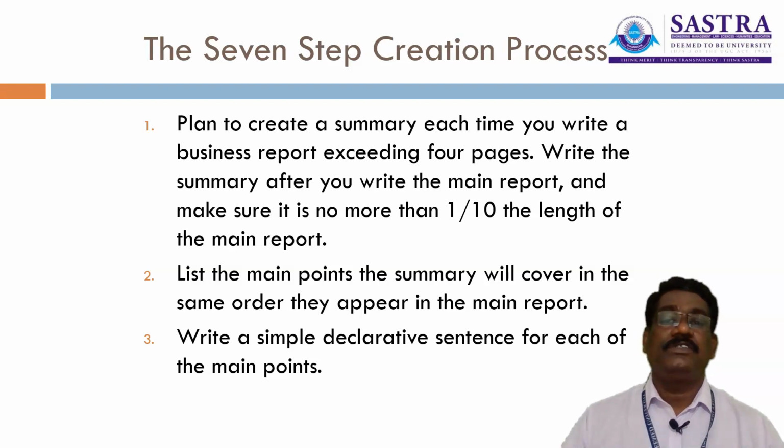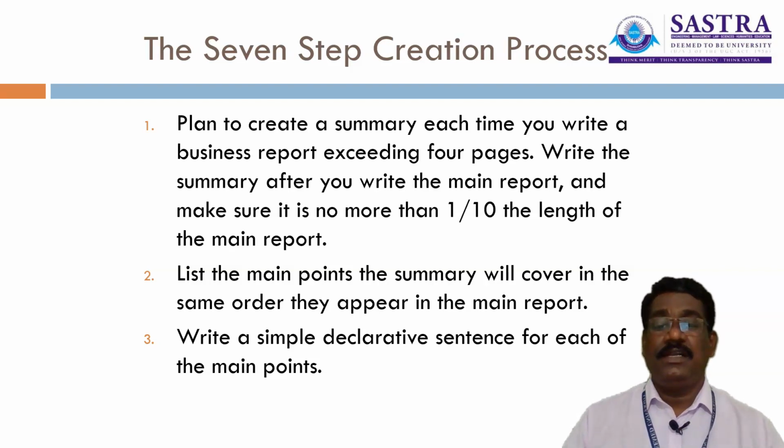The main points of the summary should cover the same order in which they appear in the main report. Like, as I said, the introduction, maybe with your problem statement and research objective. Next, the major literature you have cited, and the research methodology, like population and sample size, all that precise information which is very useful for the decision maker. You have to take that.